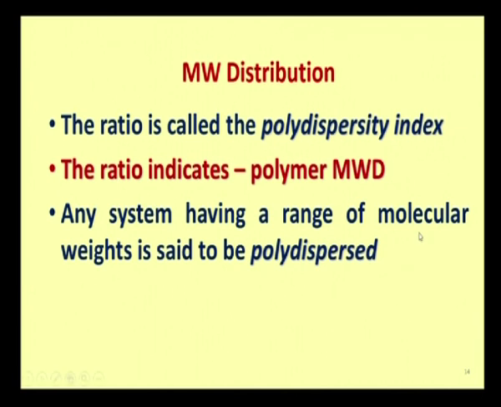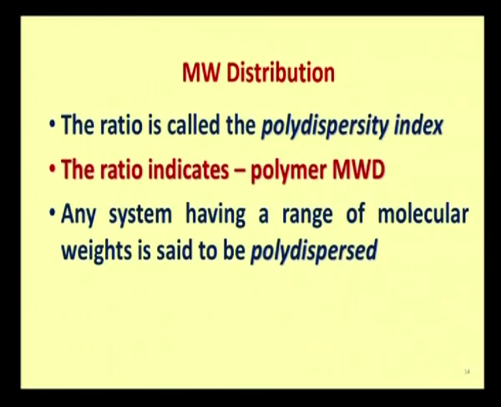Any system having a range of molecular weights is said to be polydispersed. That means, if a polymer sample has a variety of different molecular weights, then you call the system polydisperse. If all the polymer chains in a particular polymer sample are highly uniform and contain the same molecular weight, then it becomes a narrower range and the molecules are said to be monodispersed in nature.